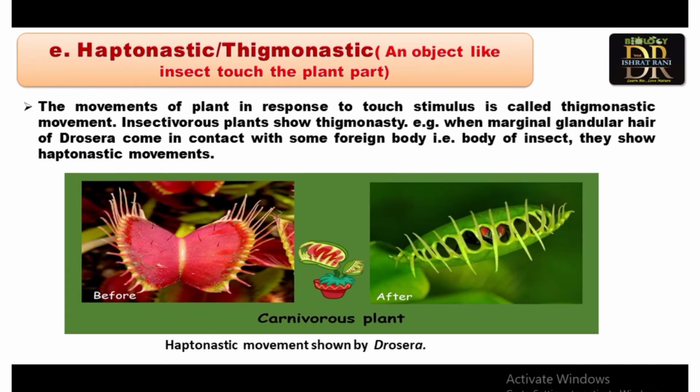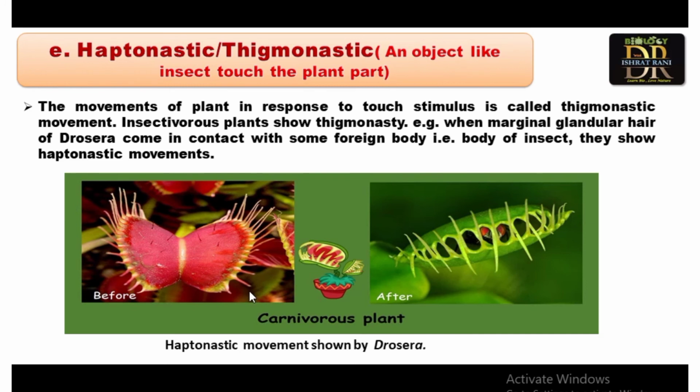Here is the movement hyponastic and thigmonastic, because when an object like an insect touches that plant, the response is known as thigmonastic. That movement is due to touch stimuli, and in insectivorous plants, like you can see here, the leaves of Drosera are open.